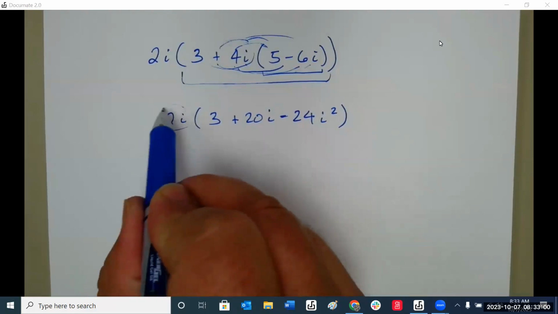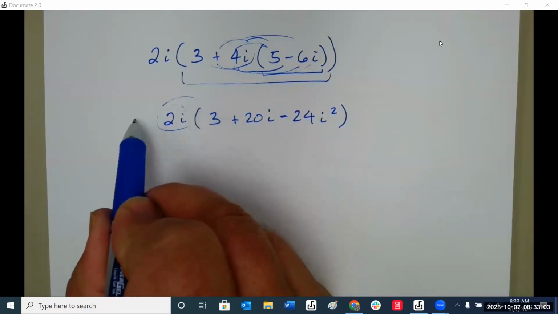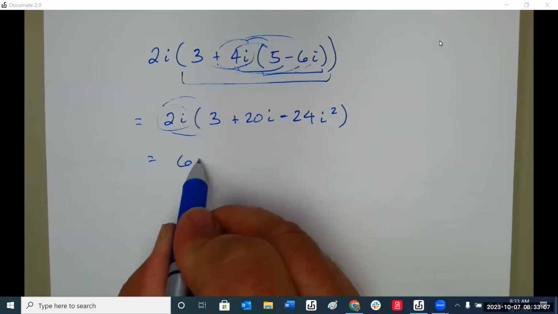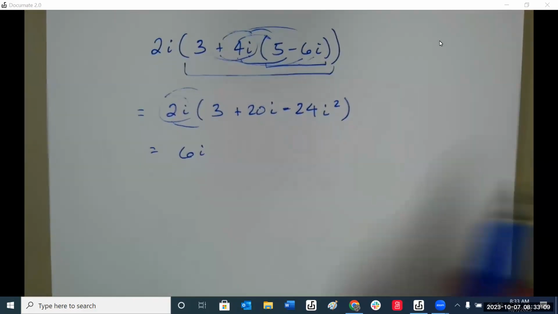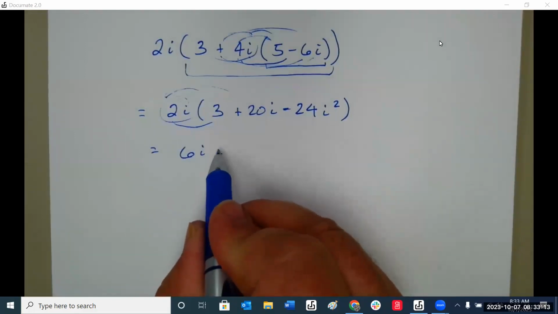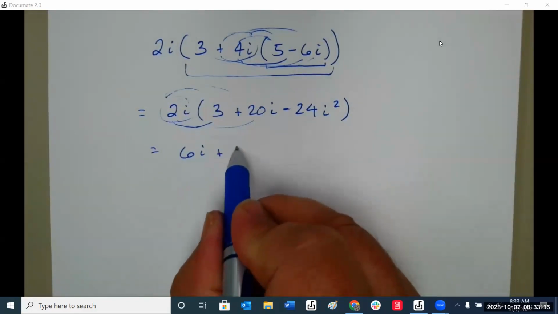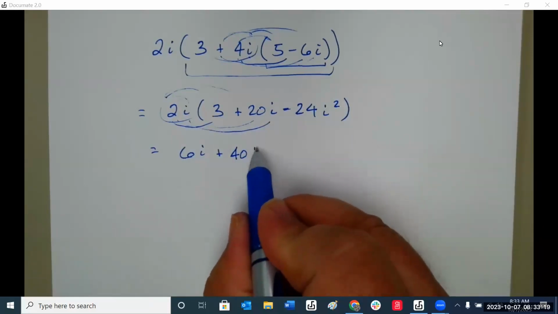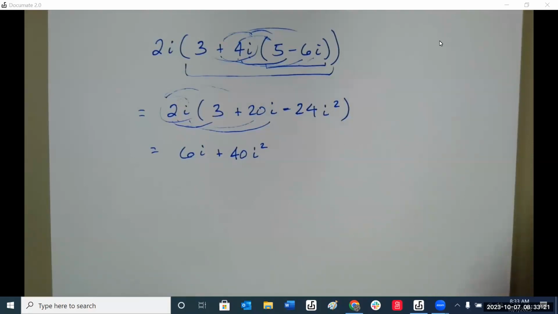Let's distribute this. So positive times positive is positive. 2 times 3 is 6i. Positive times positive is positive. 2 times 20 is 40. i times i is i squared.